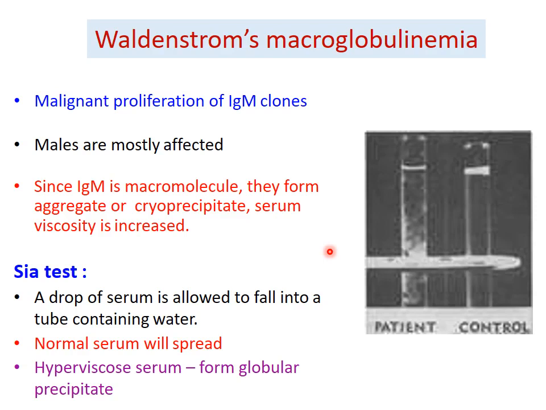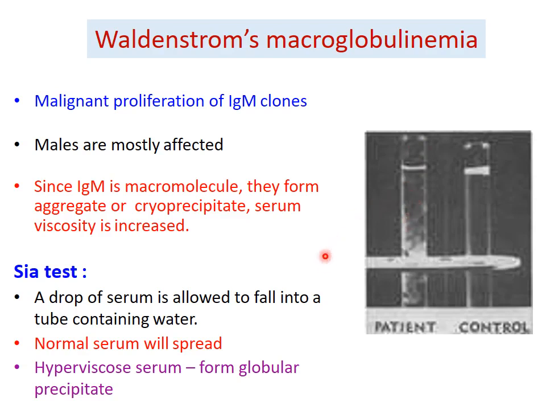How is it diagnosed? It is diagnosed by the CR test. What is the CR test? We take two test tubes. One is for control and another is for the patient. Okay. We take water in both the test tubes. Then we apply normal serum in one test tube and patient serum in another test tube.